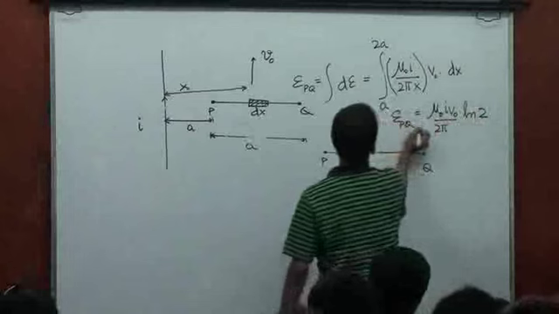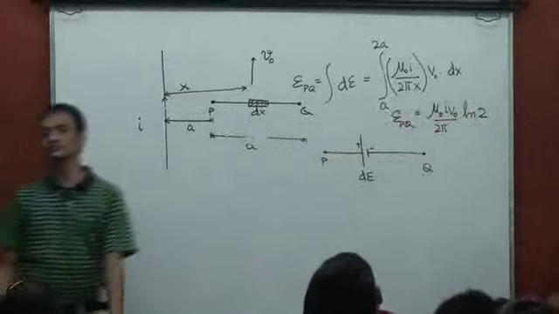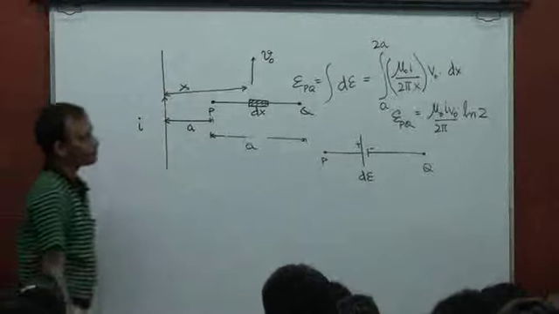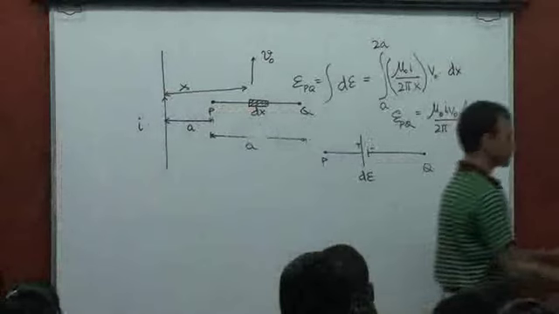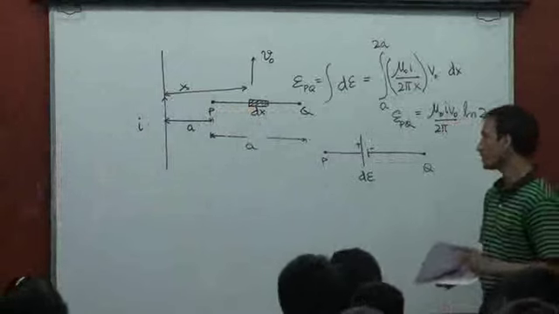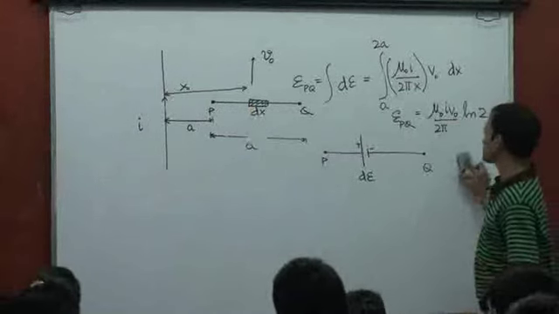That's the epsilon across PQ. Clear? Now once you understand this, can I wipe this off?